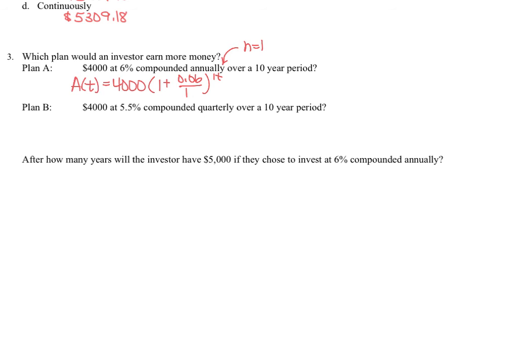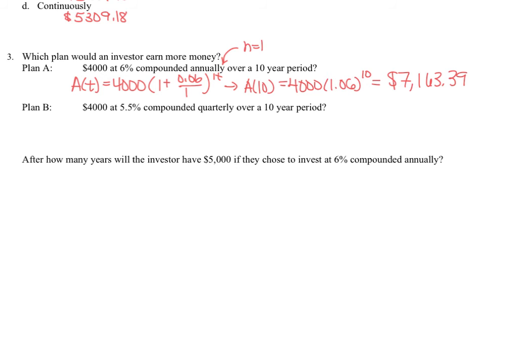So that's just exponential growth. When I plug in my 10 for the number of years, we have 1.06 to the 10th. So that will give us $7,163.39.